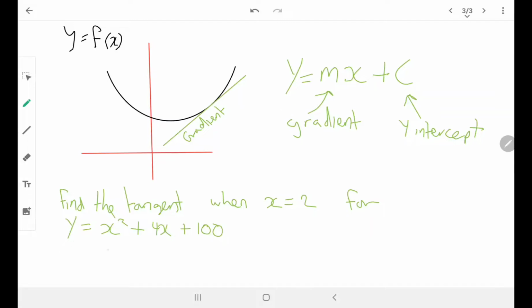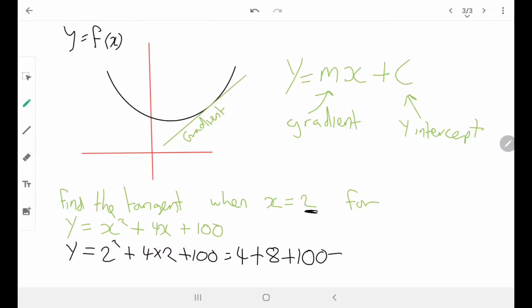First of all, we're going to find y first. We can do that by, let's change the black pen as well, using this 2. x equals 2, so y equals 2 squared plus 4 times 2 plus 100. 2 squared is 4, plus 4 times 2 is 8, plus 100. 8 plus 4 plus 100 is 112.